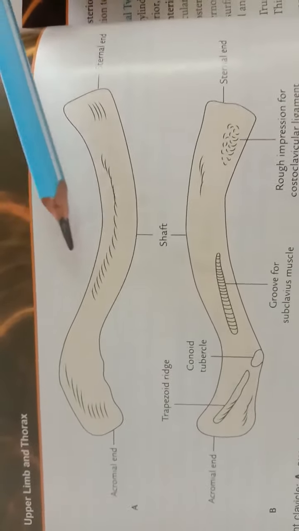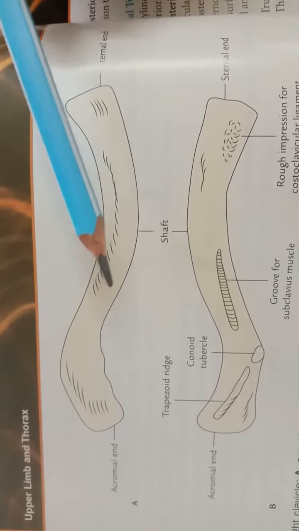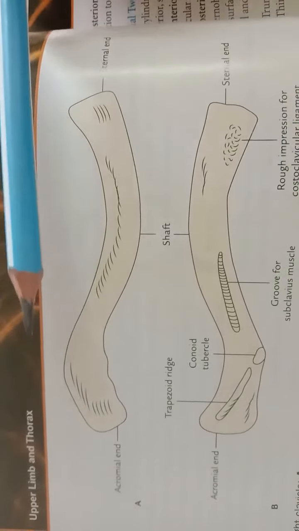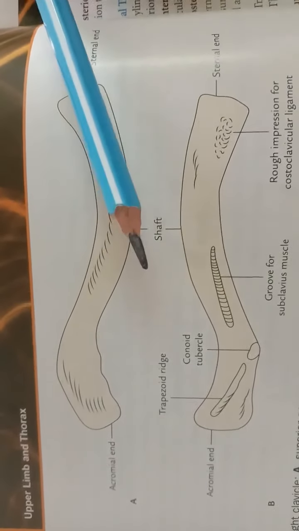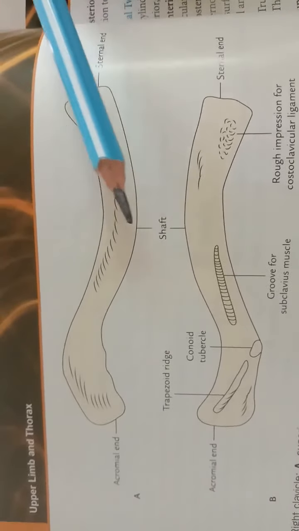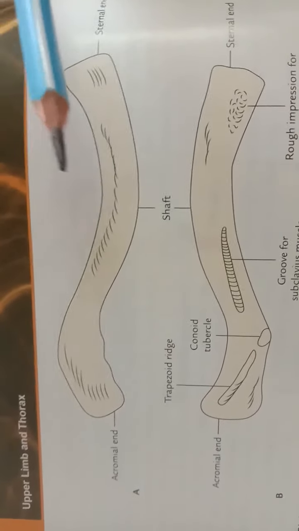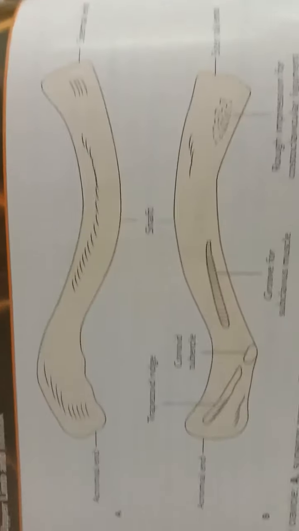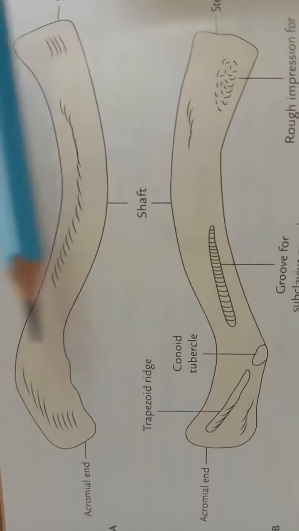Next, it is the only long bone which has two primary centers of ossification. Then it is generally said to have no medullary cavity, though any long bone has a medullary cavity, but this is not always true. Sometimes a medullary cavity may be present, and it is occasionally pierced by the middle supraclavicular nerve.